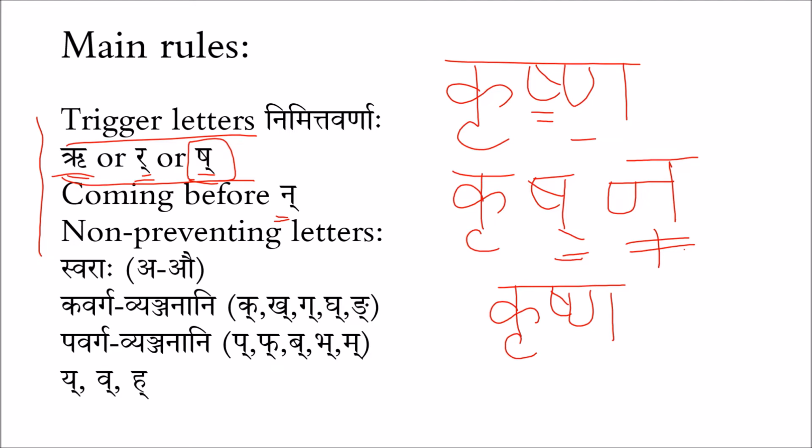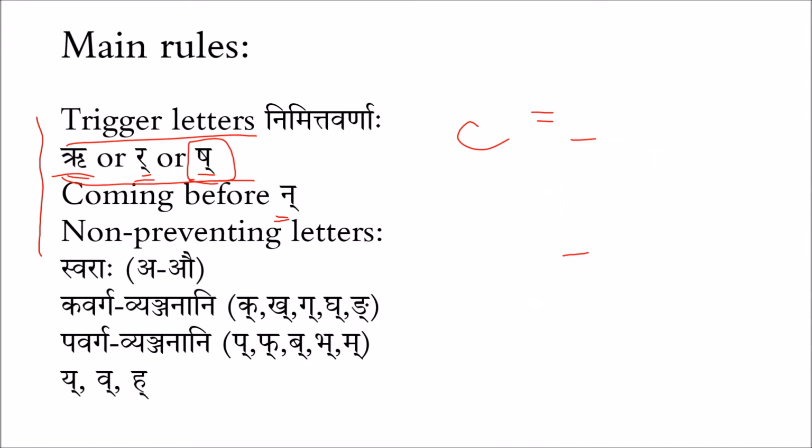Now the second rule is that in a word, before this Na, one of the trigger letters has to be there, either Ru, Ra, or Sh. But in between, there could be other letters.